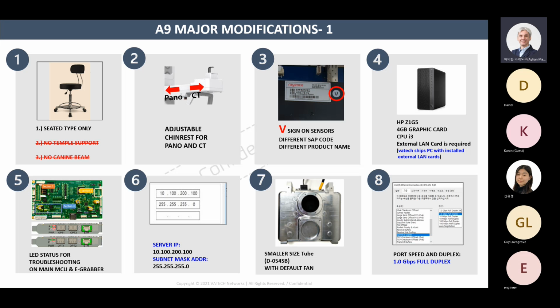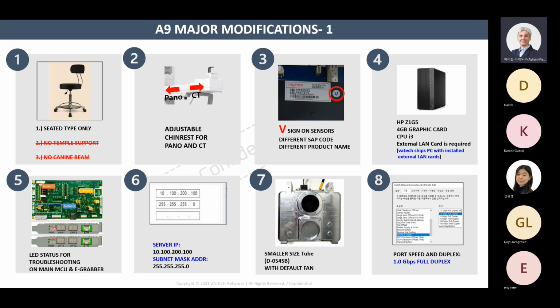Usually the fans, as you know, were optional, but on this device, the fan is installed by default because of the size of the tube, which may get hot. So that's why, to prevent those issues, we added fans by default to this device.